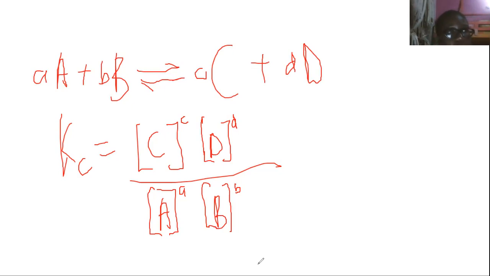In the course of a chemical reaction, the concentration of gases and aqueous species normally change, while the concentration of solid and pure liquid are always constant.